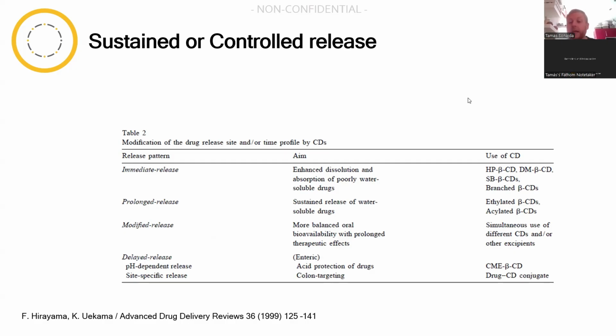And these cyclodextrins would be the ones that are not soluble in water. So you can create cyclodextrins modified with alkyl chains, like ethylated or acylated cyclodextrins. If you use the complexes of such products, then the complex would release the active ingredient slowly.